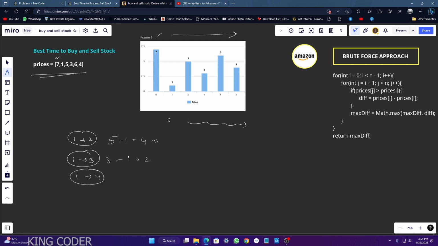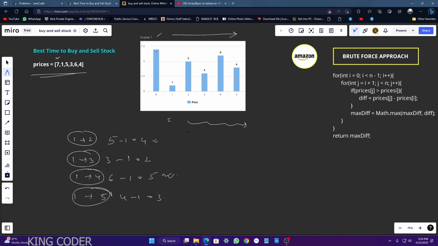If we sell on day 4, we will get a maximum, 6 minus 1 is equal to 5. If we sell on day 5, we will get 4 minus 1, 3. So you can see if we buy on day 1 we will get a maximum profit, that is 5.